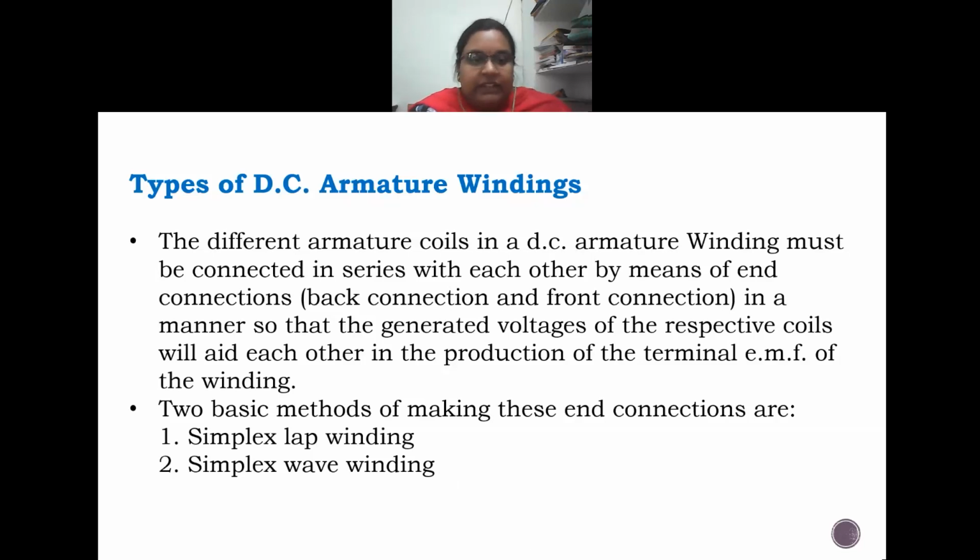So there are basically two methods for making these end connections. Those are simplex lap winding and simplex wave winding. Okay, let us see what these are.